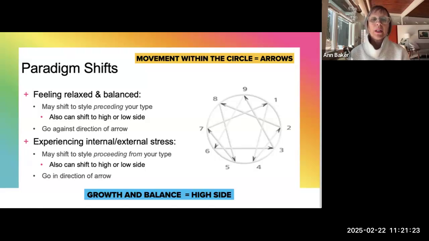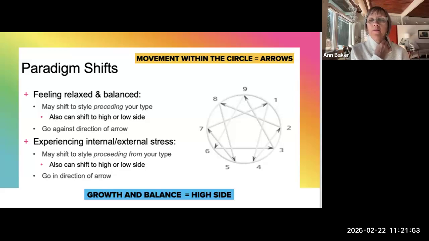They used to feel that you only went in one direction when you were stressed and the other direction when you were relaxed. But we've discovered that there's really flexibility, that you can go to either arrow when you're stressed or relaxed. And to make things even more confusing, you can go to the high side or the low side of those numbers of the arrow as well.